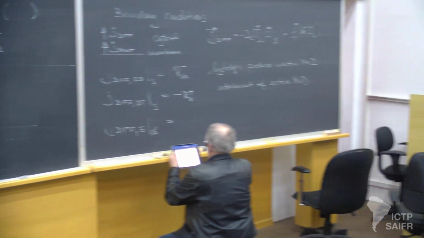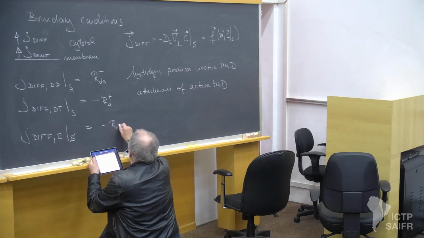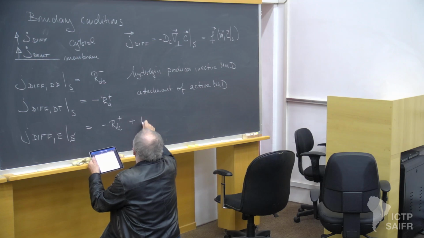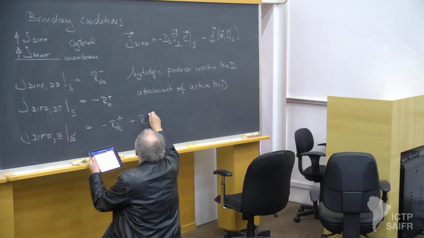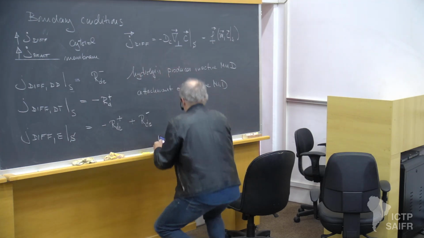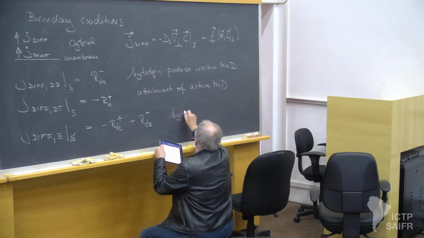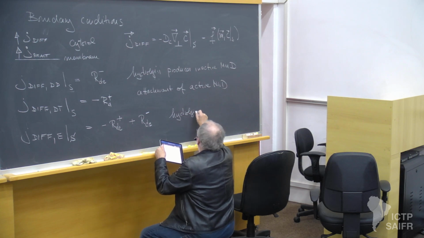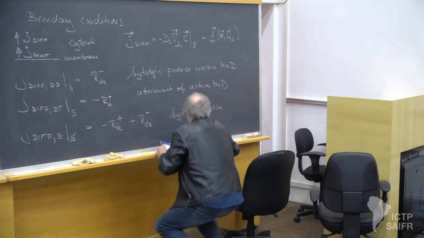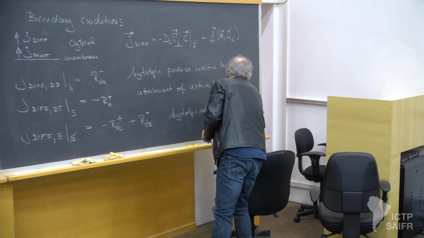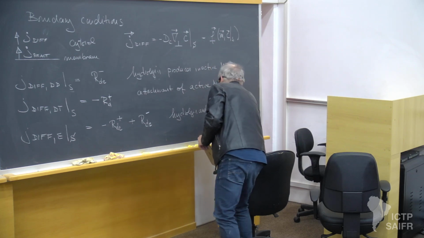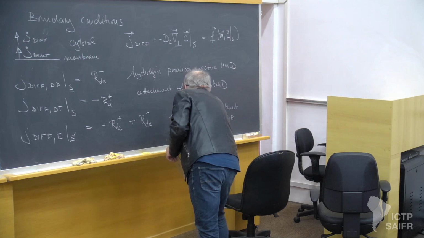Okay, so what you have is you lose by the recruitment of the MinE, and you gain by the hydrolysis of the MinE dimer. So this is hydrolysis and recruitment of MinE or by MinE.